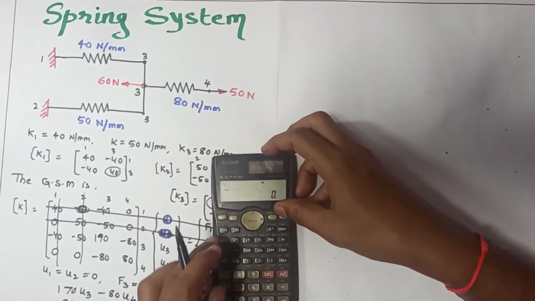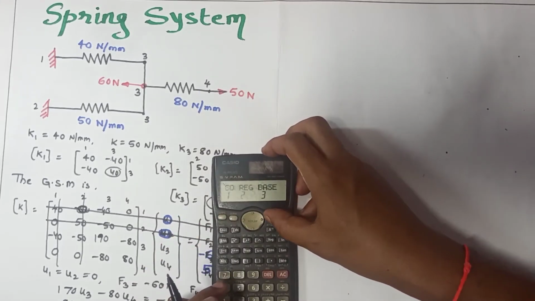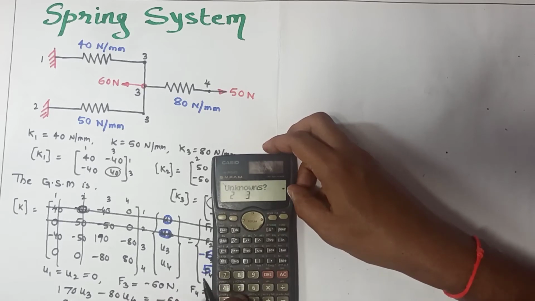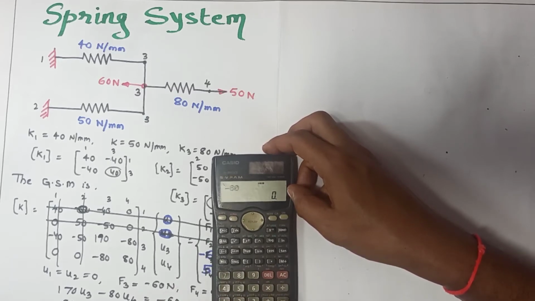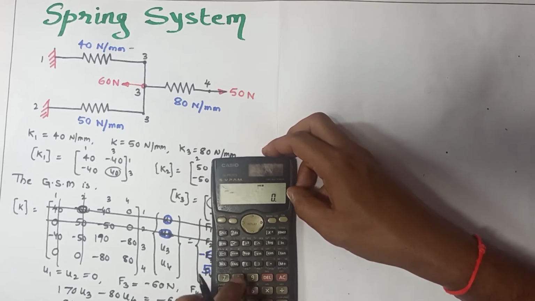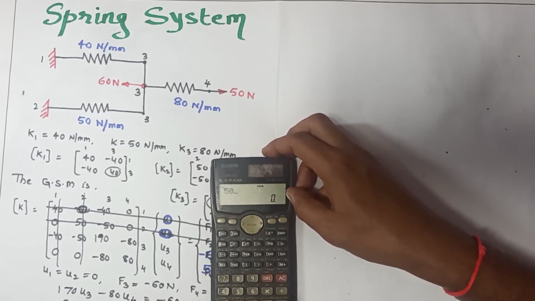Now you can use the calculator directly with two unknowns. A1 is 170, A2 is minus 80, and C1 is minus 60. Then the second equation: minus 80, plus 80, and 50.